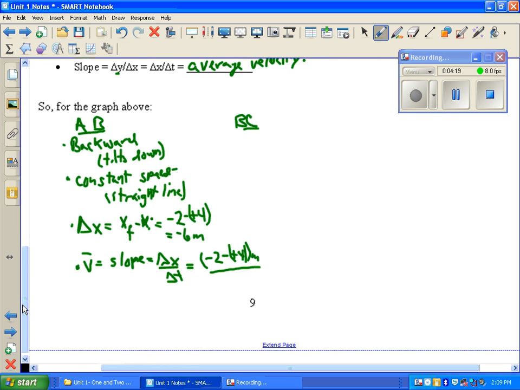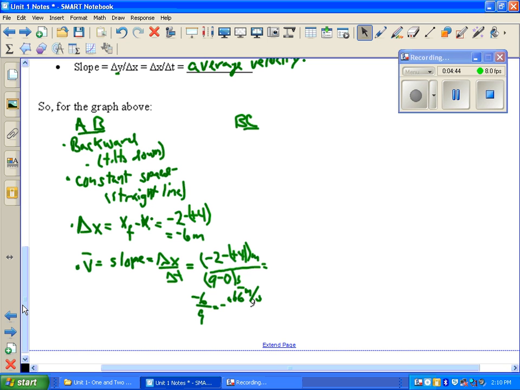So we do 9 minus 0 seconds, and that's going to give me -6 over 9, which is -0.66, repeating, meters per second. Again, all of these things match. The negative velocity means it's backward. The negative displacement means it's backward. The fact that it's tilting down means it's backward.